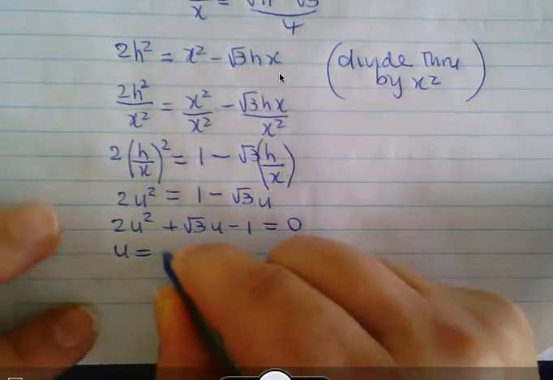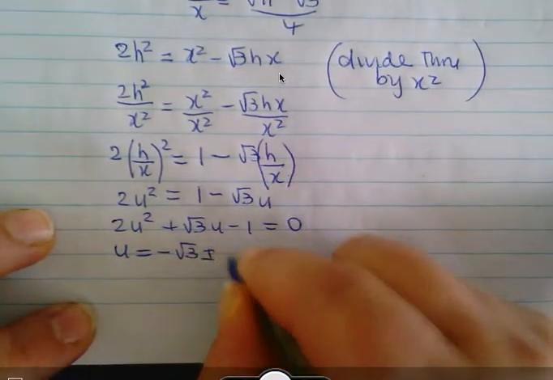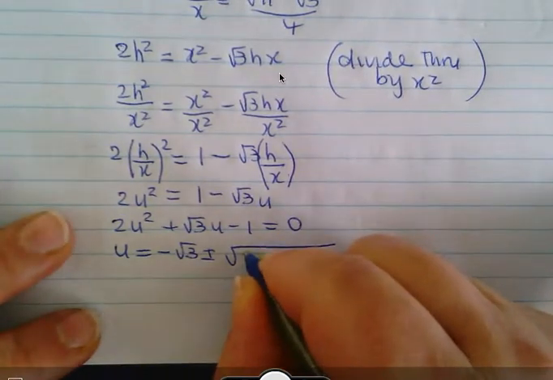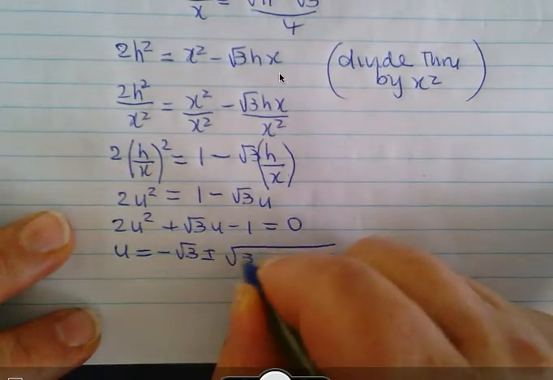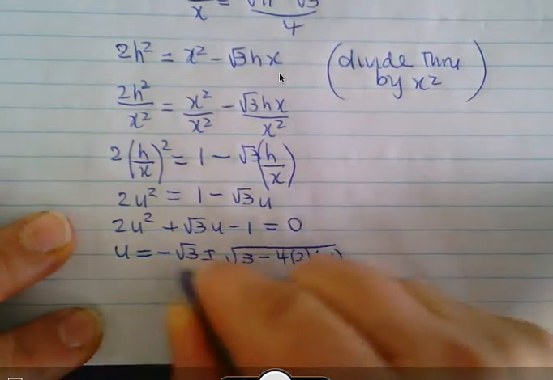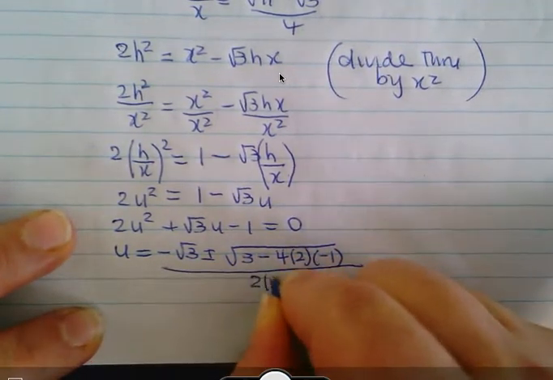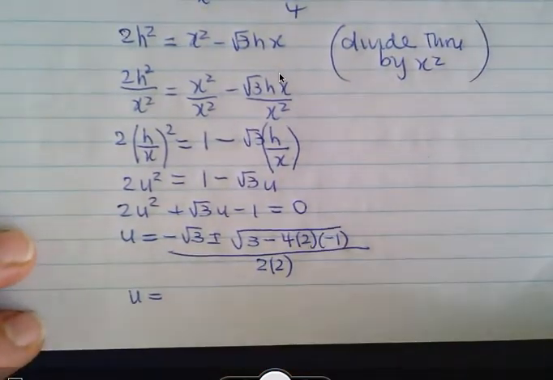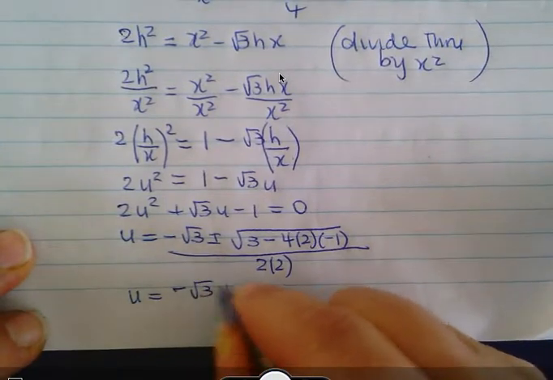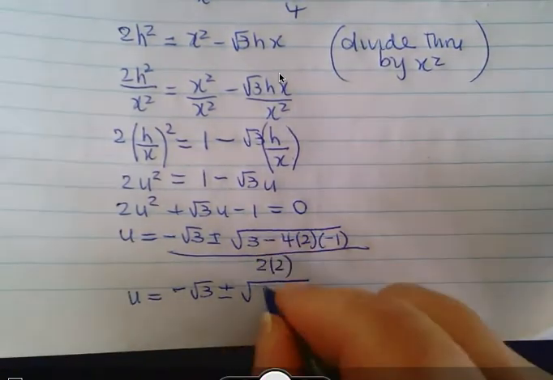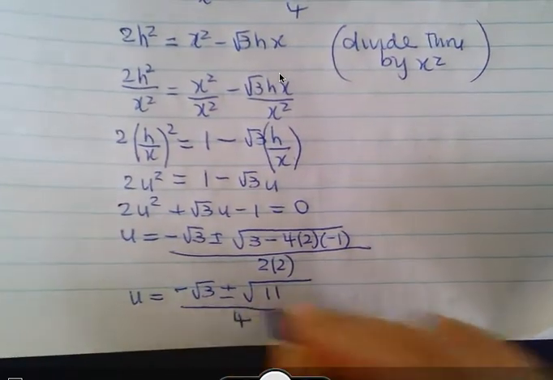U equals negative b, which is negative root 3, plus or minus the square root of b squared, which is root 3 squared, which is 3, minus 4 times 2 times c, which is negative 1, over 2 times 2. So u equals negative root 3 plus or minus the square root of, this is 3 plus 8, which is square root of 11 over 4.